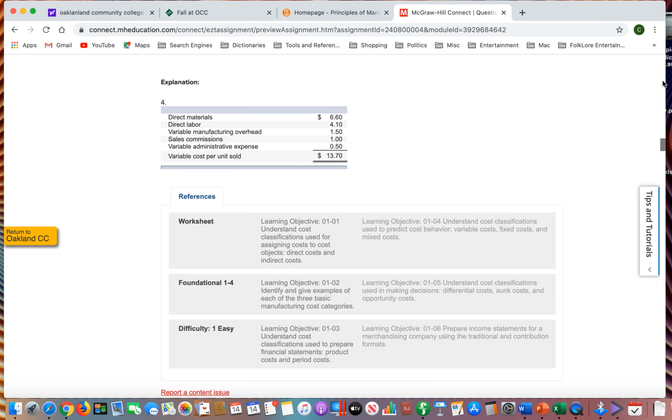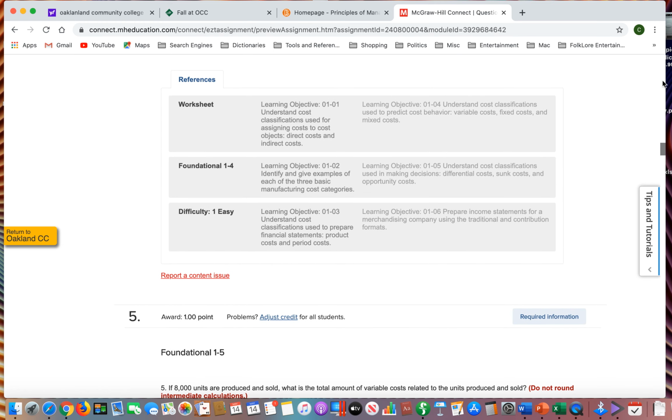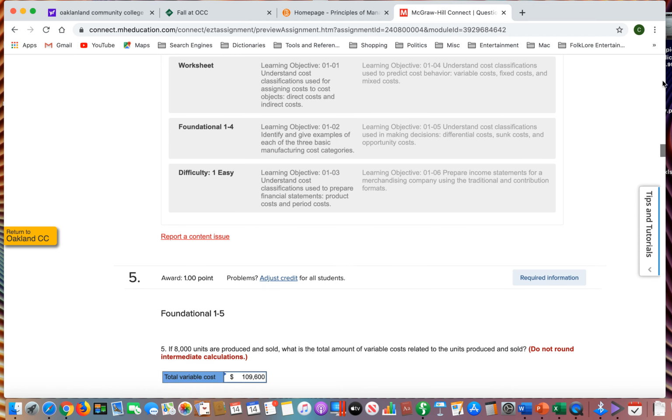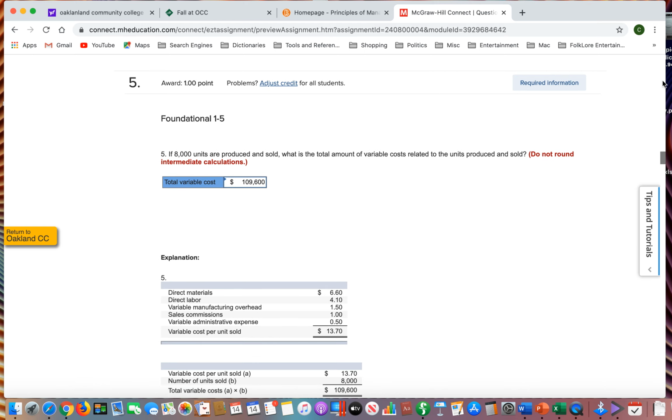Let's go to number 5. If 8,000 units are produced and sold, what is the total amount of variable cost related to the units? Now here it's talking about total cost, not unit cost. So how do we get that? We know what the per unit cost is, 1370.